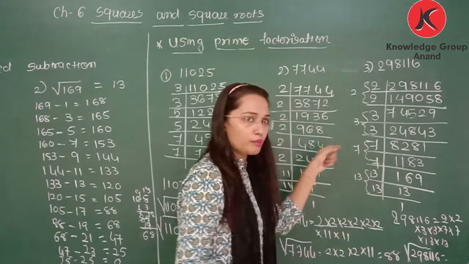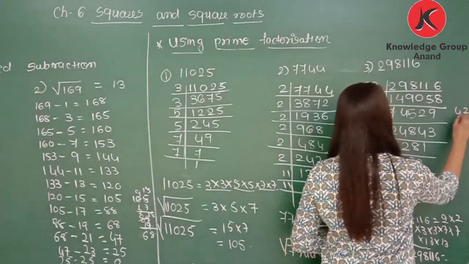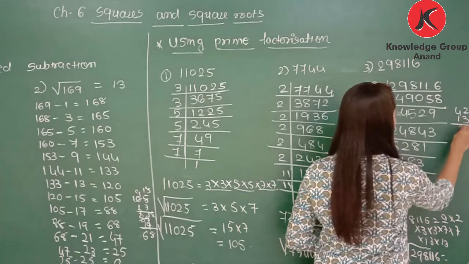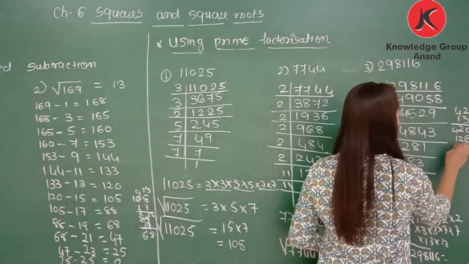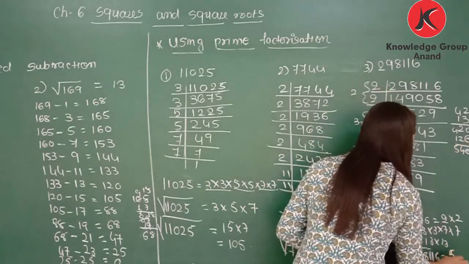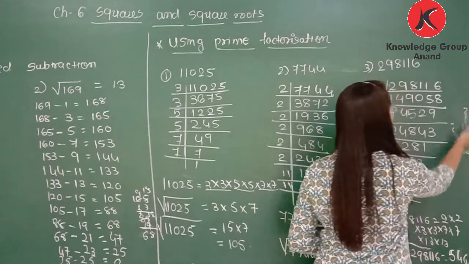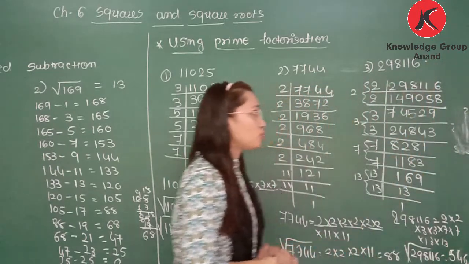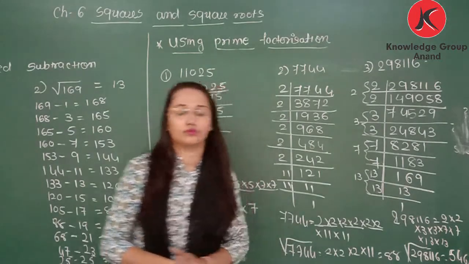Multiply these numbers: 42 by 13 is 546. So the square root of 298,116 will be 546.